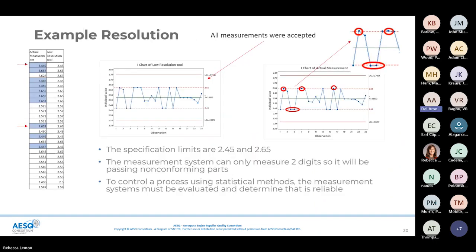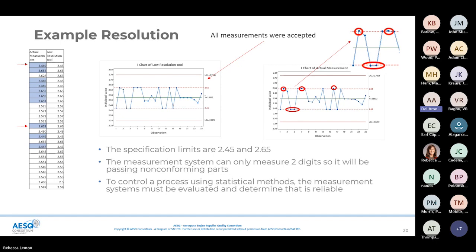please. Here's the example that was on the other slide, which I thought was better in this one. We have an instrument that can only measure 2 digits. The lower and upper specification limits are 2.45 and 2.65. On the left side of the slide you can see the actual measurement, and what our low resolution tool, which can only measure 2 digits, will measure. We mark in blue the ones that are going to be a problem, right?